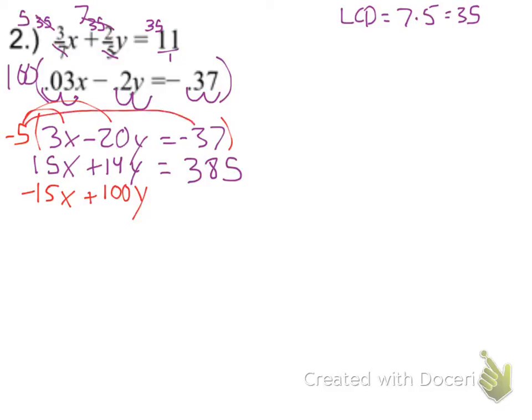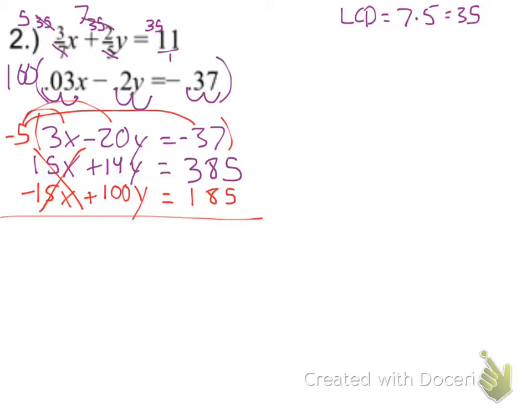And all the way across, a negative negative makes a positive, and what's 5 times 37? What do we get? 185. Sounds about right. By engineering it this way, the x's will cancel.